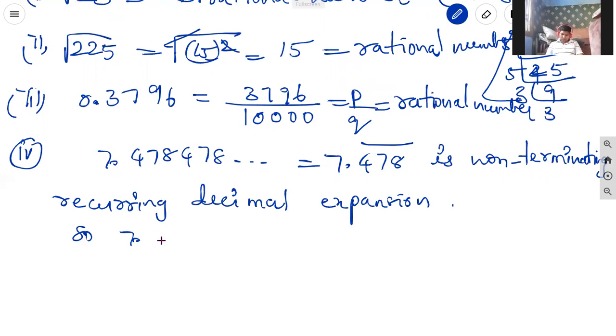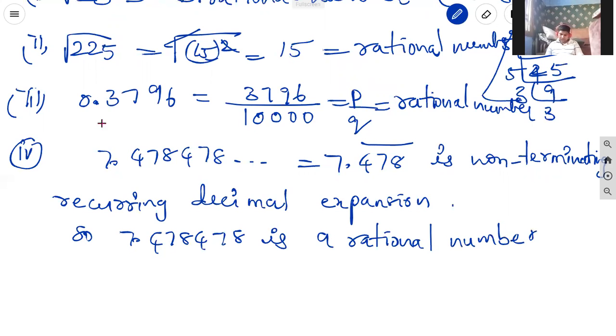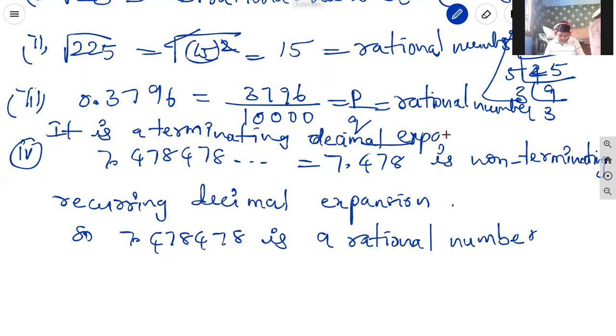So 7.478478 is a rational number. It is a rational number. So we can write the given number is a rational number.